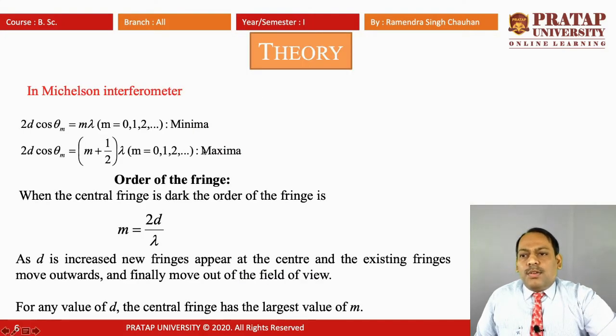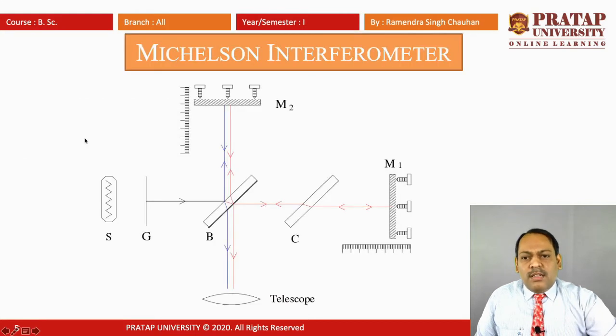Now we will talk about theory. In theory, we know that the condition for minima can be determined to be 2d cos theta m, where theta is the angle between... if we look at this mirror M1, we see the rays coming towards the telescope, then we can observe that the image of this mirror M1 will be seen somewhere in the front side here.